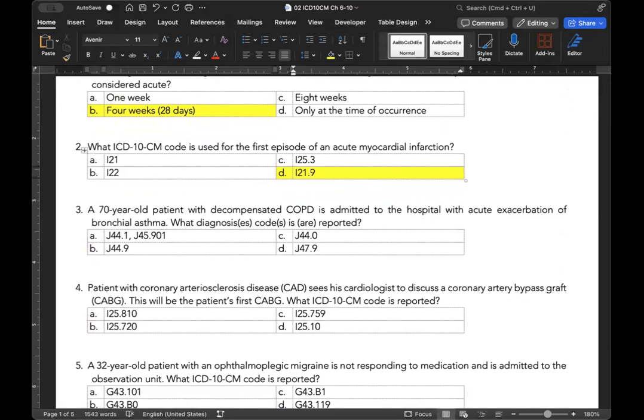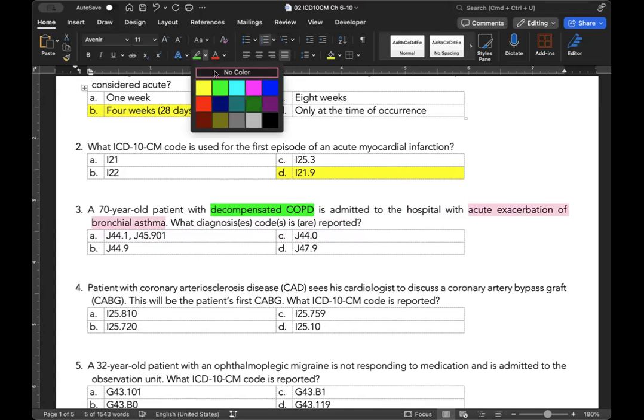A 70-year-old patient with decompensated COPD is admitted to the hospital with an acute exacerbation of bronchial asthma. So in this scenario, we have 2 conditions, right? We have decompensated COPD, and then we have the acute exacerbation of bronchial asthma. Should we code them both?